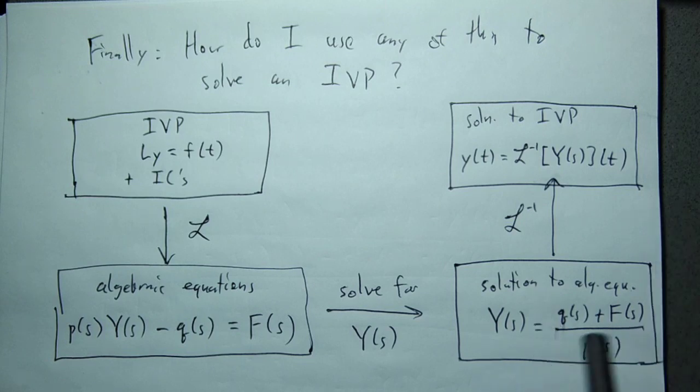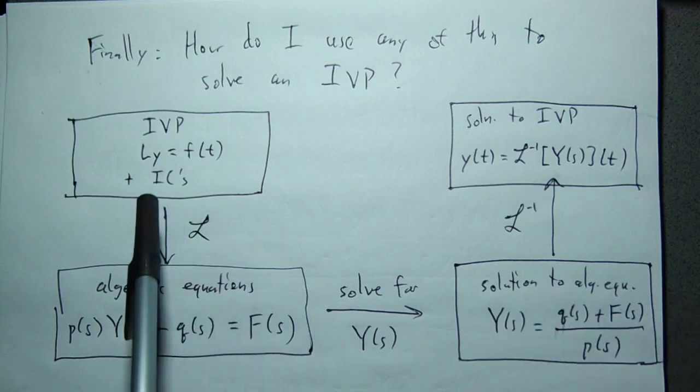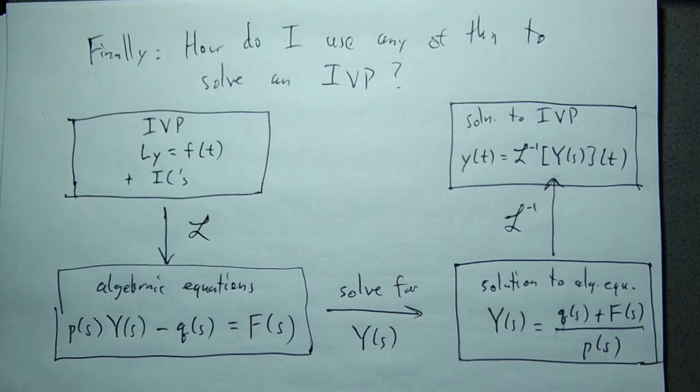Once I have computed big F of S, Q of S is always going to be easy to find, and P of S is my characteristic polynomial. I have big Y of S as this expression. Big Y of S, remember, is the Laplace transform of my unknown solution little y of this differential equation, the unknown function I'm trying to find.